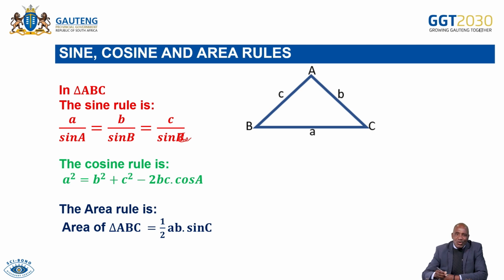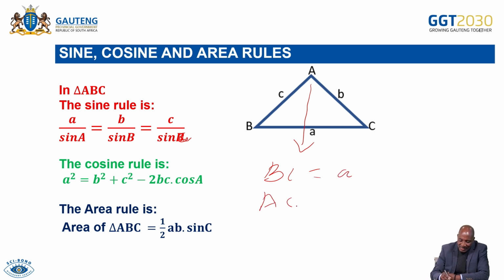When you look across A, there is a side that is in front of big A. That side BC is called small a. Our side AC is going to be called small b. These are small letters based on the letter that is directly across.